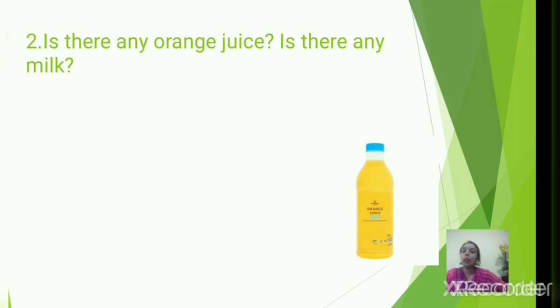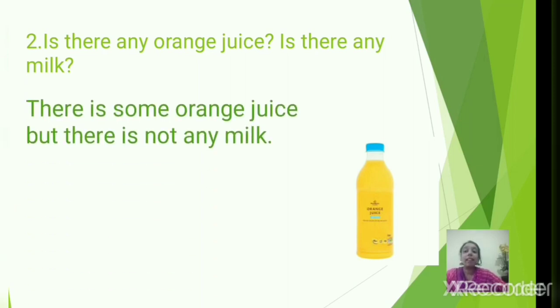So is there any orange juice? Yes, students, tell me. There is some orange juice, but there is not any milk. And orange juice is what, student? Uncountable noun. And in front of an uncountable noun, we can use determiners.